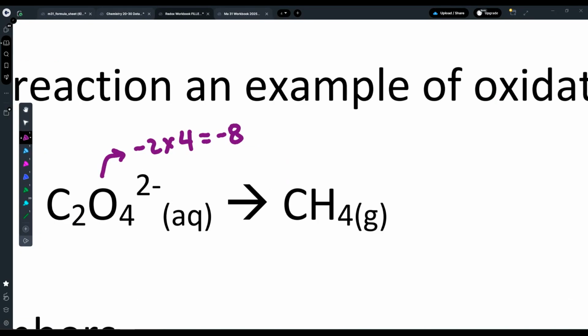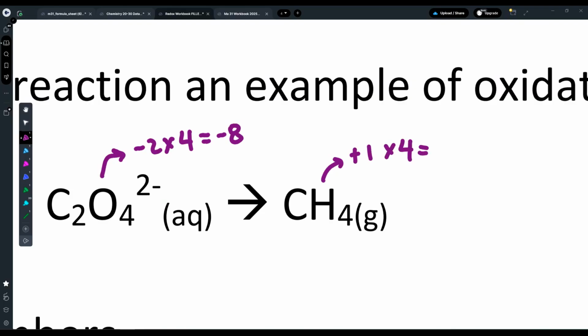So we got to start with what we know first, which is the hydrogen. Now, hydrogen does come second here, which might make you think that it is a hydride, but because it's not with a metal, so carbon is not a metal, that's why hydrogen is not going to be -1, because this isn't a metallic hydride. So each one of these hydrogens has an oxidation number of +1.